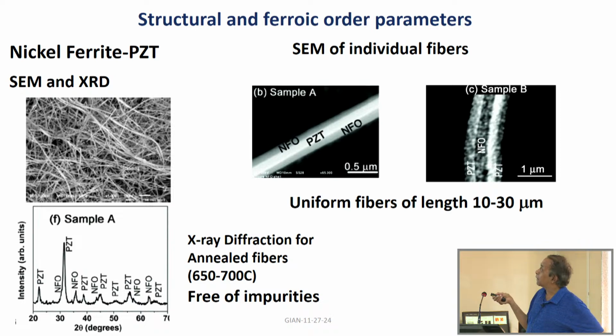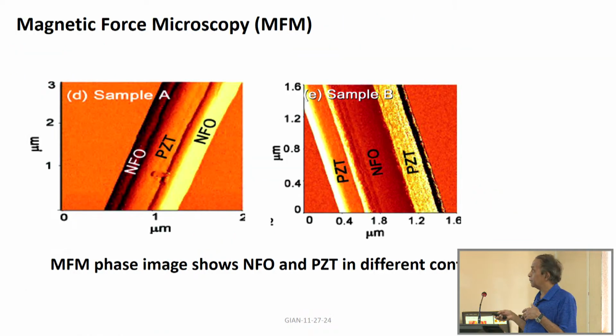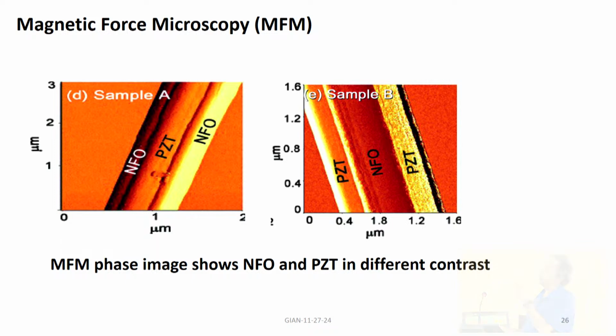And this one has a PZT core, and this one has a nickel ferrite core and PZT shell. Okay. And we did X-ray diffraction, and there are no impurities in this particular system. And this one is a magnetic force microscopy image of the same set of fibers with either PZT core or ferrite core.